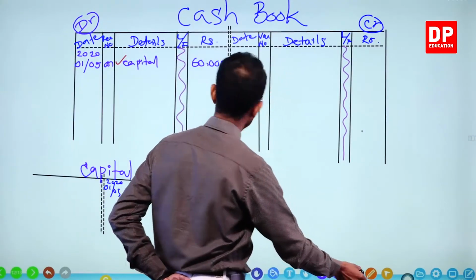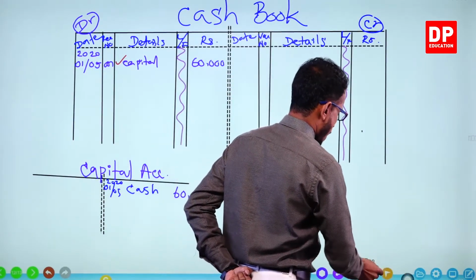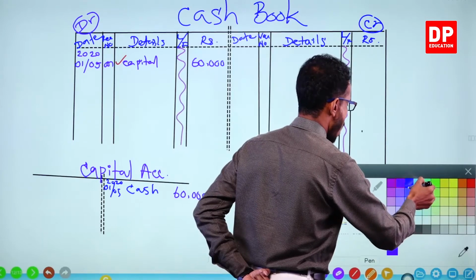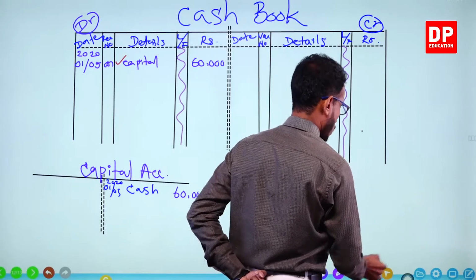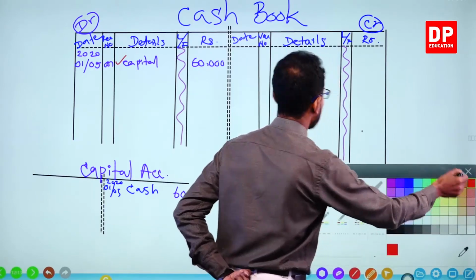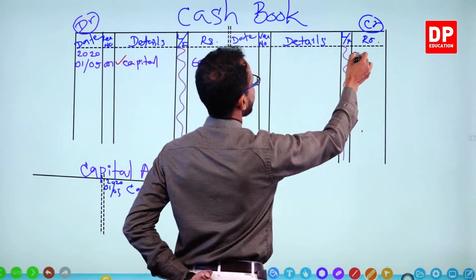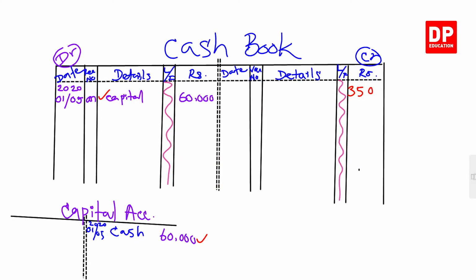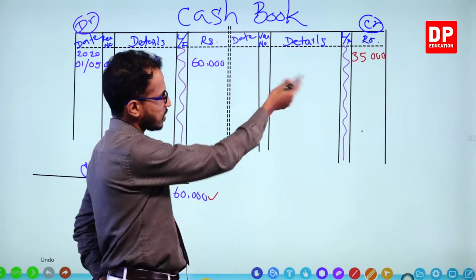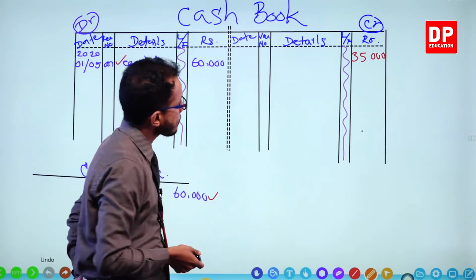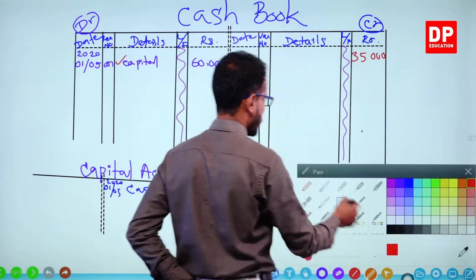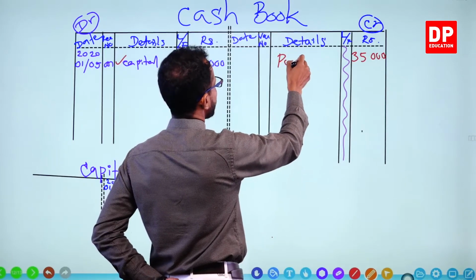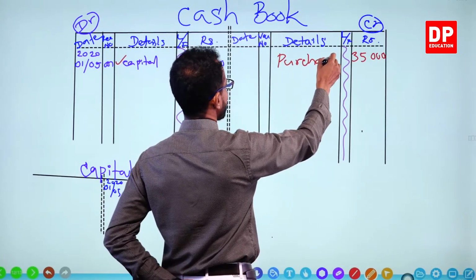Let's go to the credit side. 35,000 in the credit side. And in the details column, I'm going to write purchases.